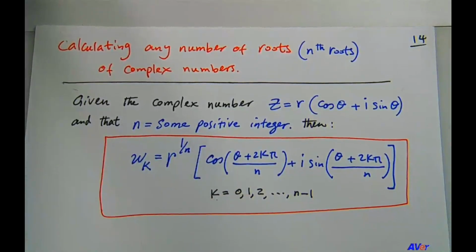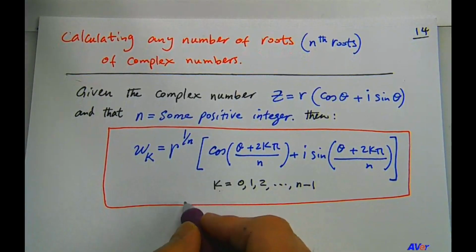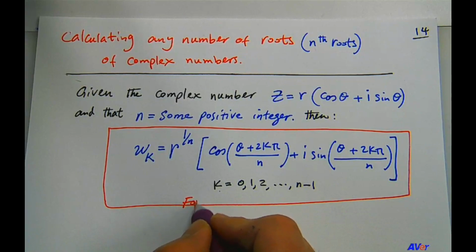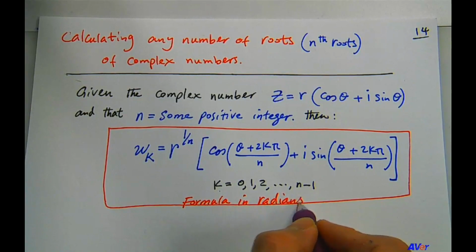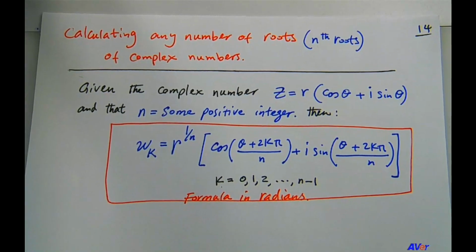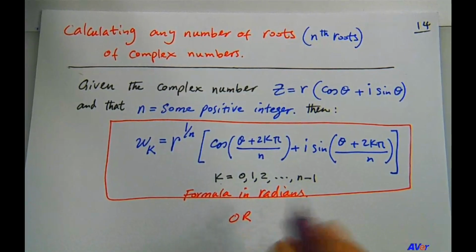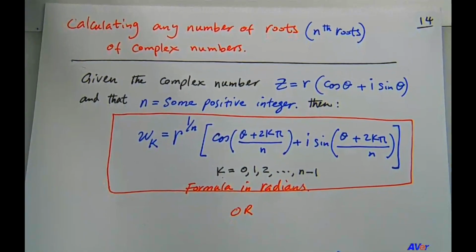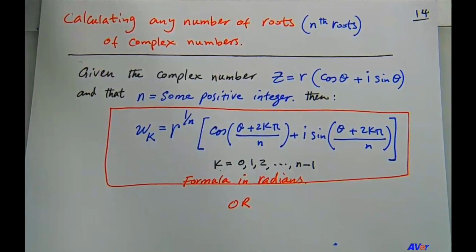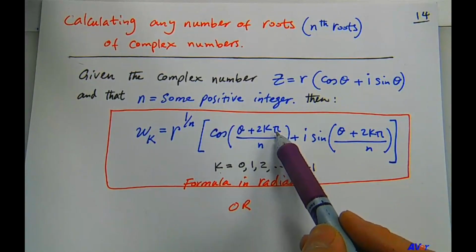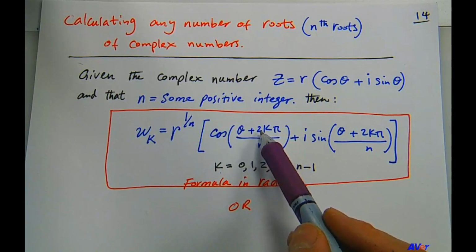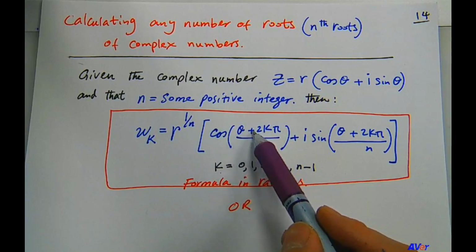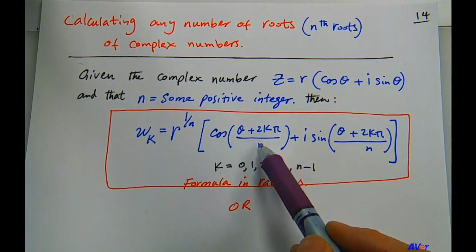Your book gives you the same formula in degrees as well, so I'm going to do that also. So this is the formula in radians, and this is the same formula with the same rules, but instead of 2 pi, which is 360 degrees, right? Instead of that, we will have theta plus 360 degrees k over n.